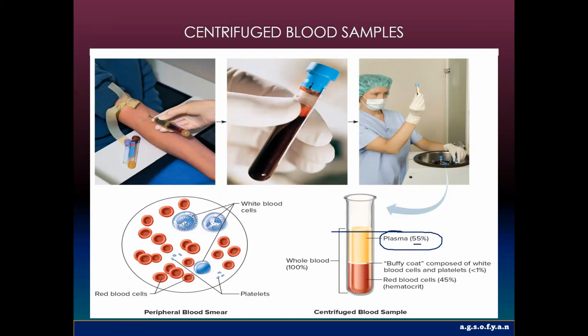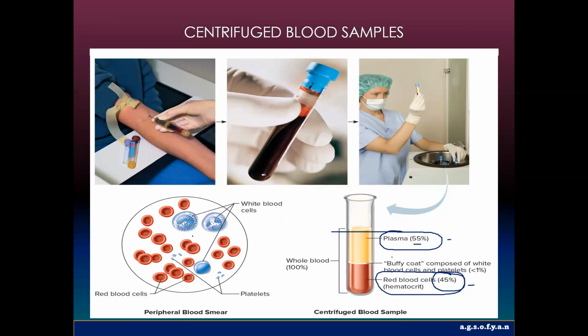And then the bottom part is going to be red in color because it has so many red blood cells. It is called the cells, the formed elements of the blood, and it is normally 45%. So 55% plasma and 45% formed elements.